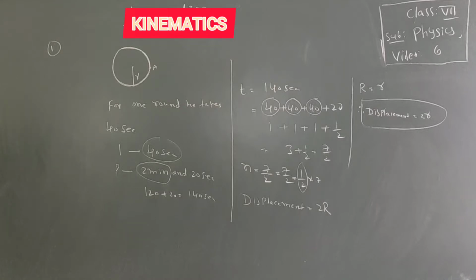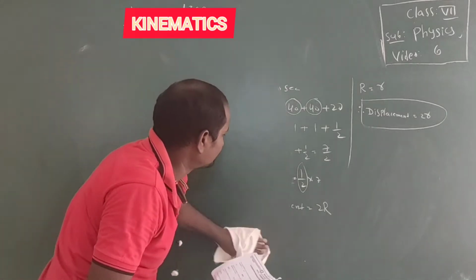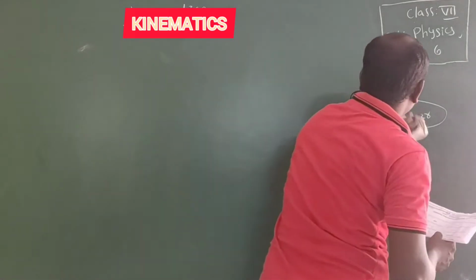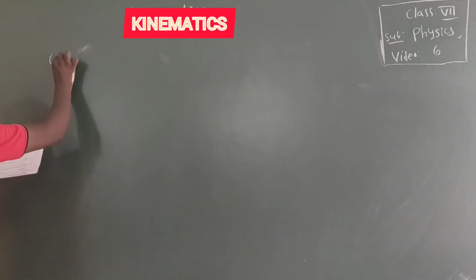A body goes 20 kilometers north and 10 kilometers due east. Find the displacement of the body from its starting point. So question number 2.